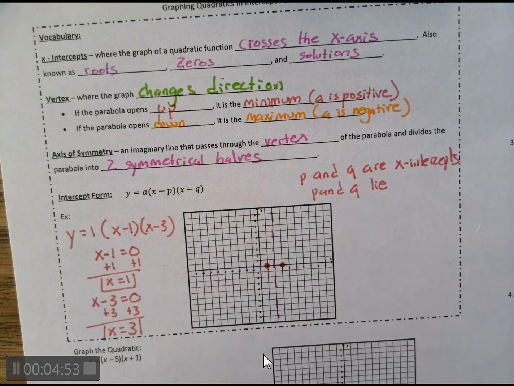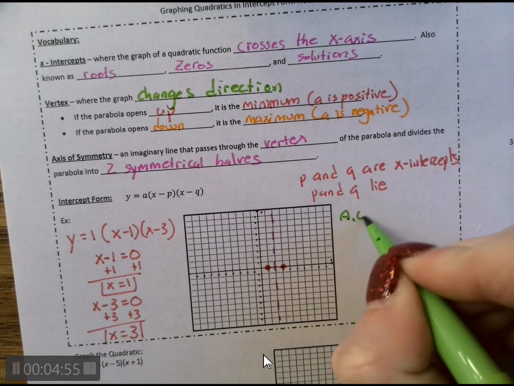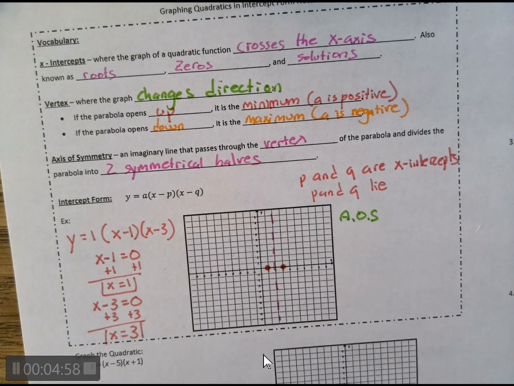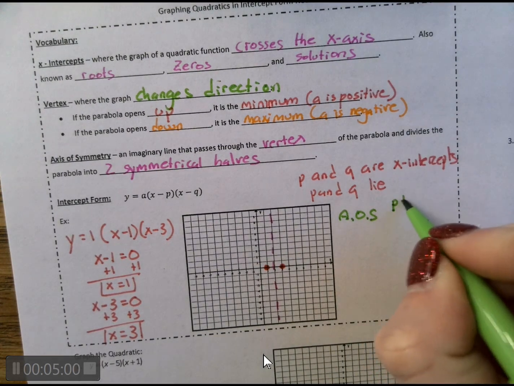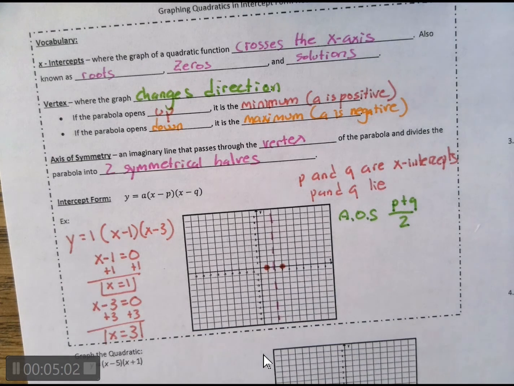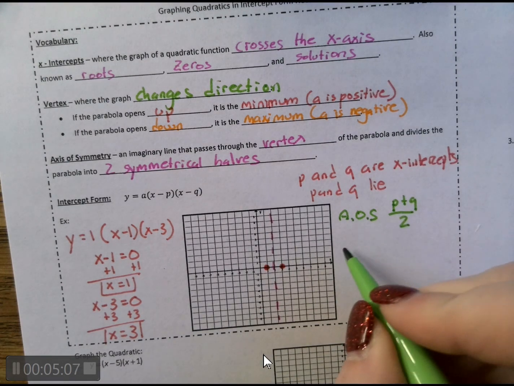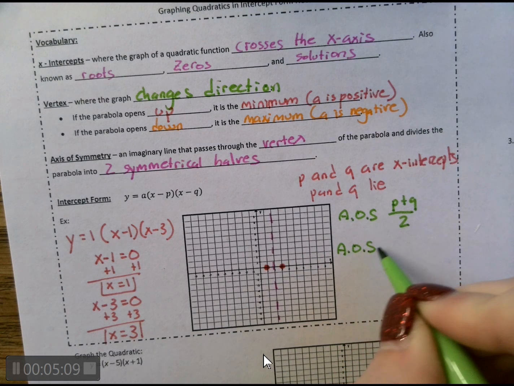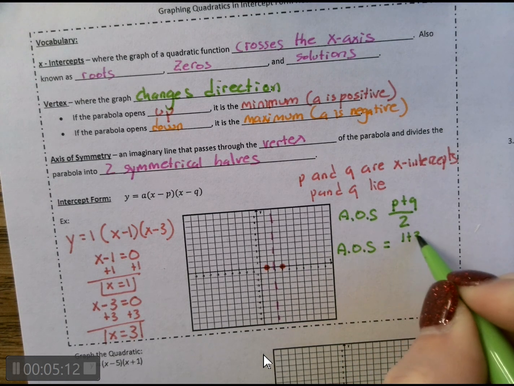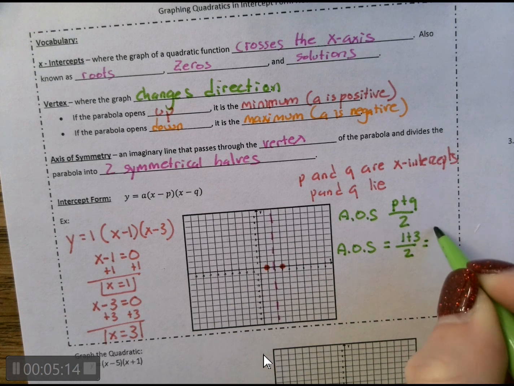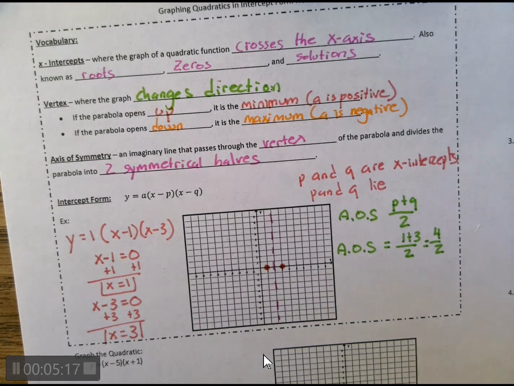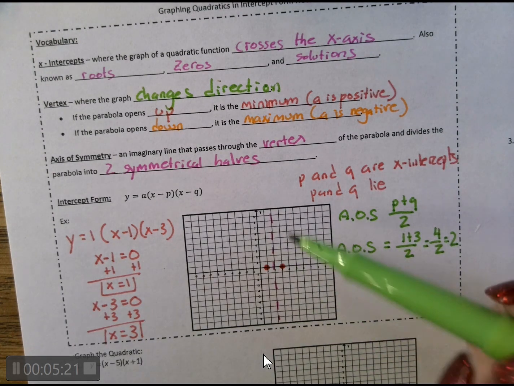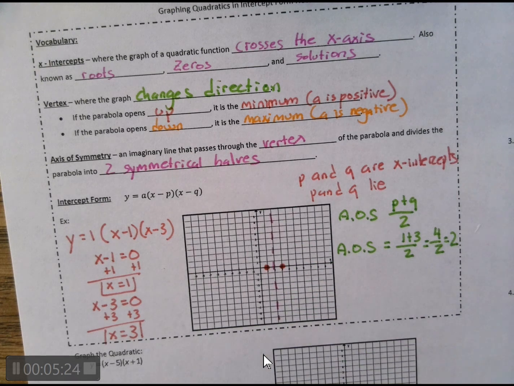To find our axis of symmetry, we are going to add up p plus q and divide it by 2. Alright, so our axis of symmetry is going to be 1 plus 3 divided by 2, which gives us 4 over 2, which just equals 2. Okay, and that's where I got this dashed line from. It's just directly in the middle of these 2 points.